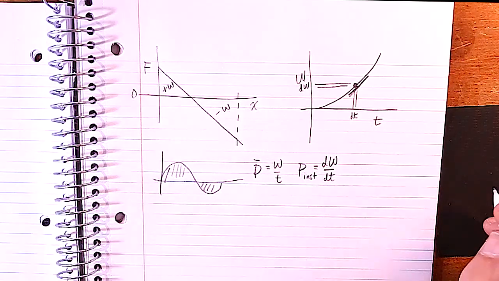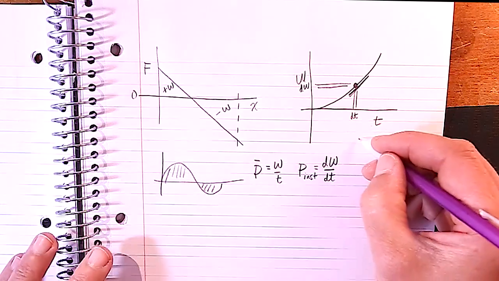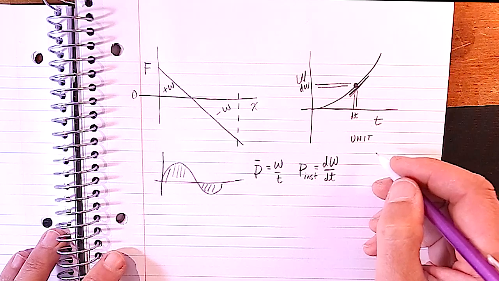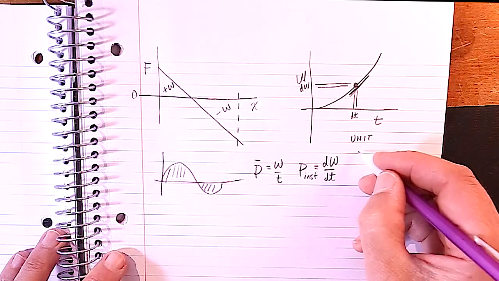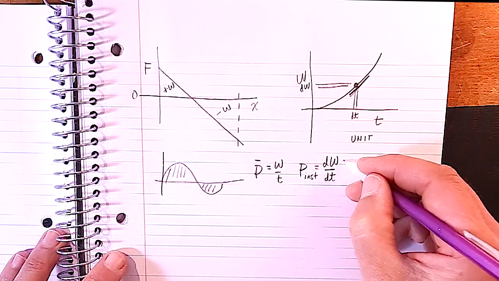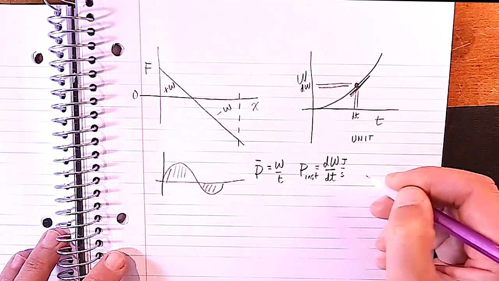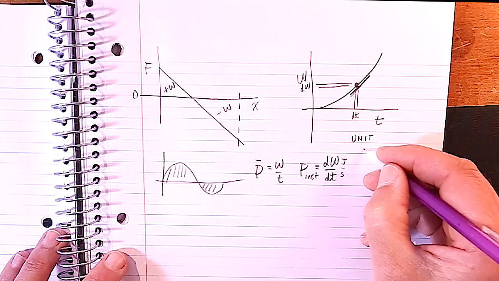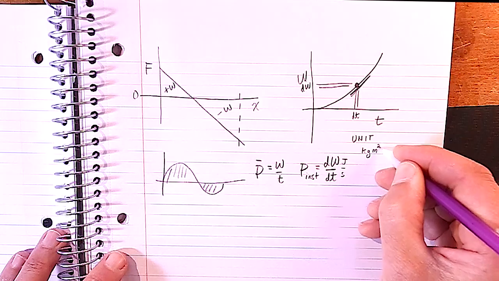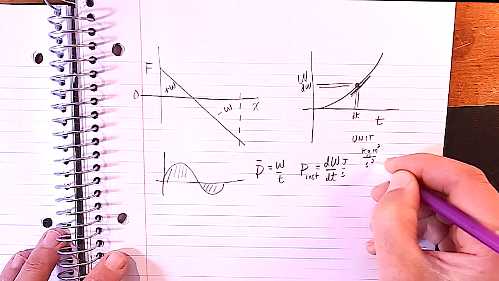Now, I've seen this question come up before where they ask you about the unit for work broken down into fundamental units. So we know that a watt is the unit of power, and that's a joule per second. Well, what's a joule? A joule is a kilogram meter squared per second squared.